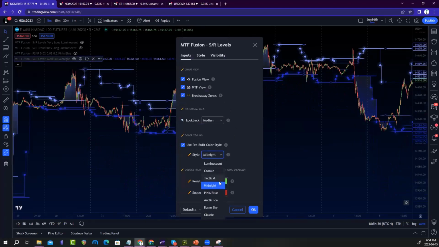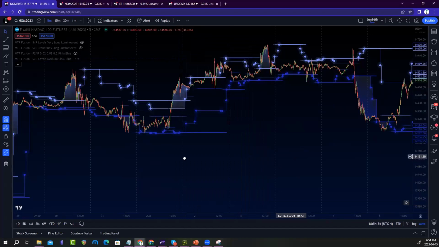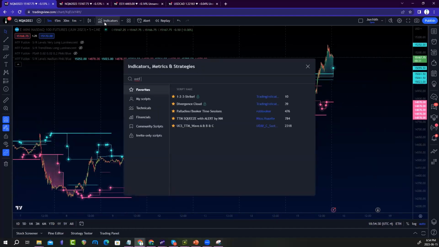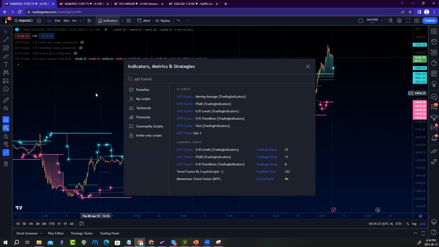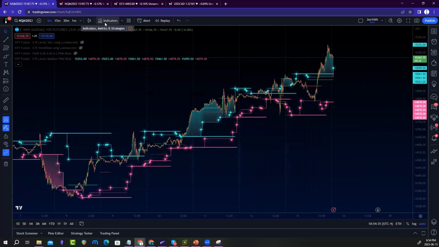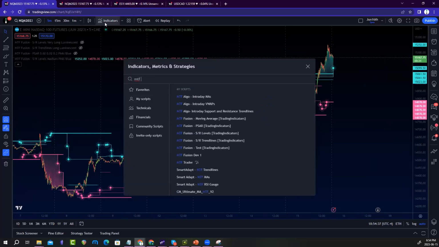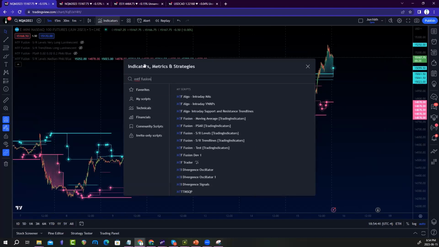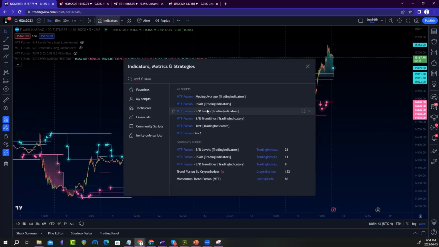Another question that came in was, are these indicators free? And here, yes, absolutely. So Nicholas, maybe just go on your TradingView chart, click up here on indicators, and type in MTF Fusion. Click on community scripts, actually, and type MTF Fusion. For me, it's showing all these because we have these ones.